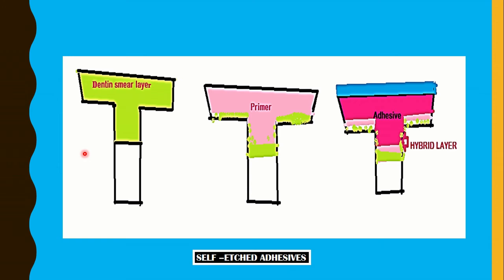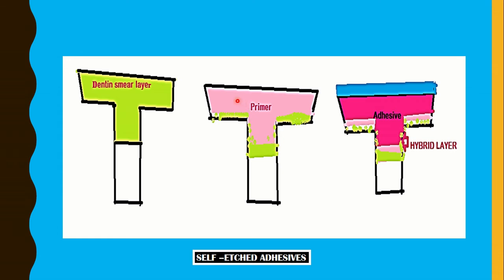which is less acidic as compared to the etchant that is used in the 5th generation one. After application of the primer, there is penetration of the primer along with the smear plug.